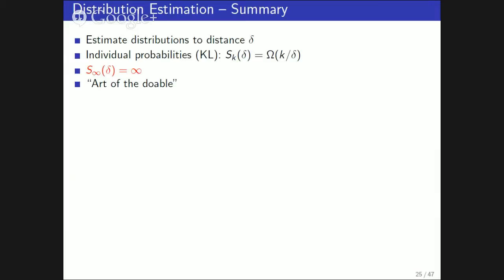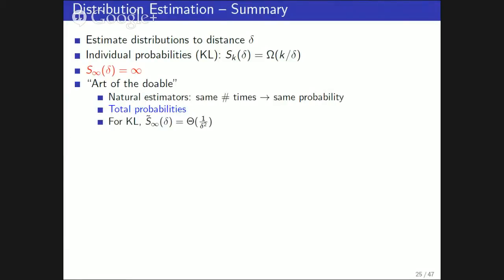But in the spirit of the natural estimators, if elements appear the same number of times, you assign them the same probability. So without loss of generality, just look at the total probability. Then for KL, you need some number which is 1 over delta squared. K no longer appears. So if you give me 1,000 samples, I can tell you how well you can estimate it.